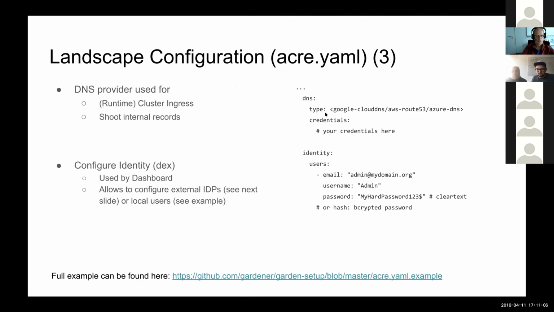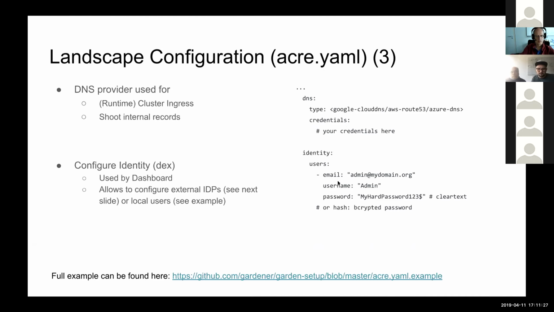DNS, as I mentioned, is configured in a similar way as the etcd backup part. You just define the type, which is supported, and type in your credentials. At the very end, we have the identity part, which is basically to configure the Gardener dashboard and the Dex identity provider.